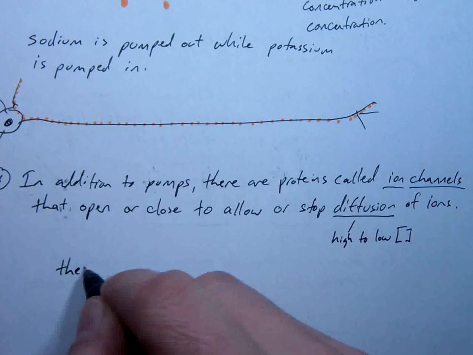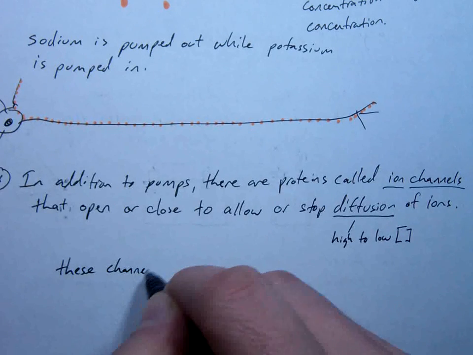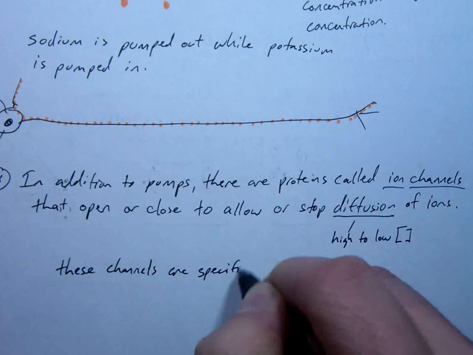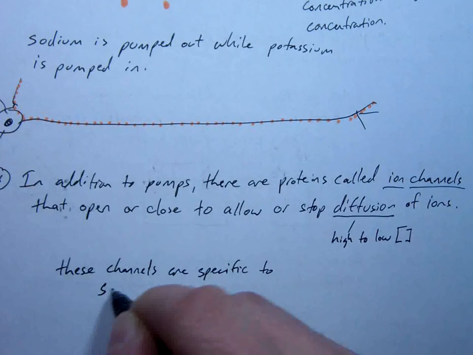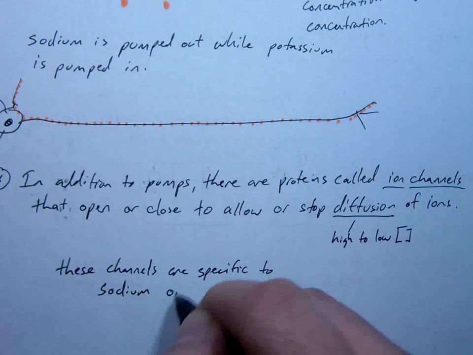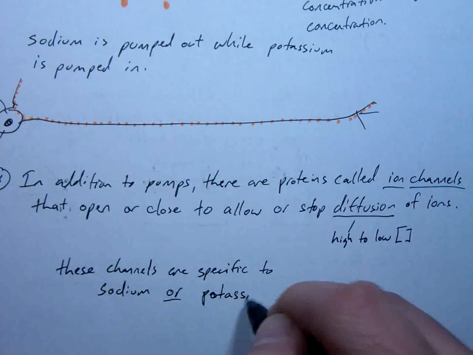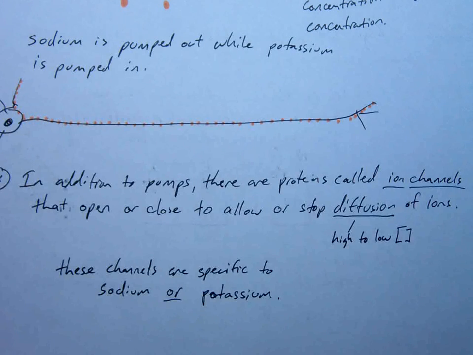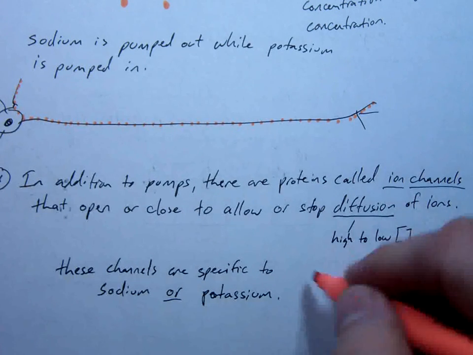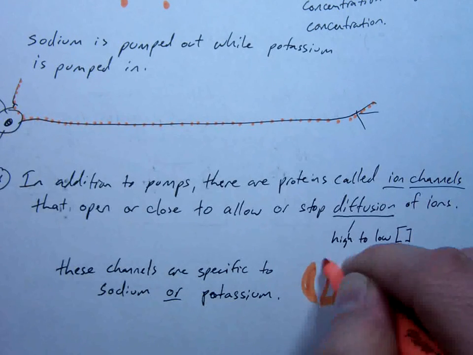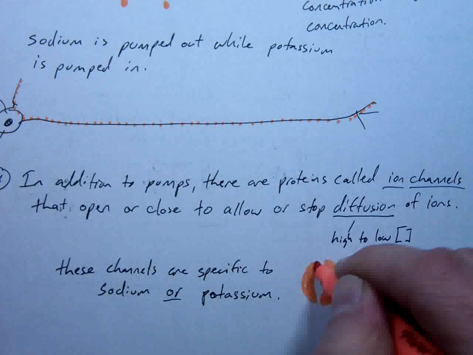These channels are specific to sodium or potassium. So there's going to be one that allows potassium to get through.